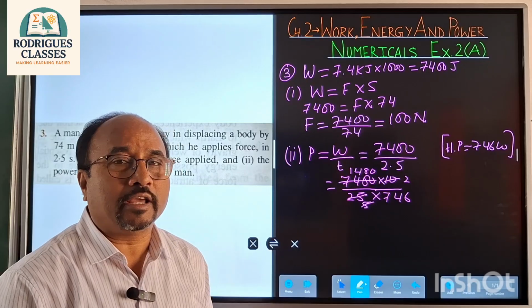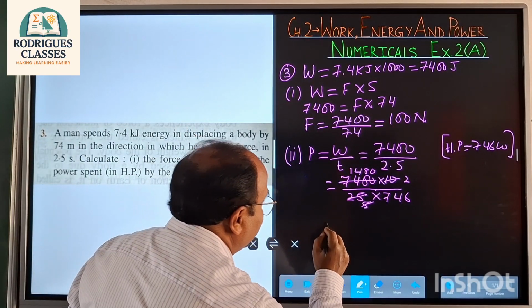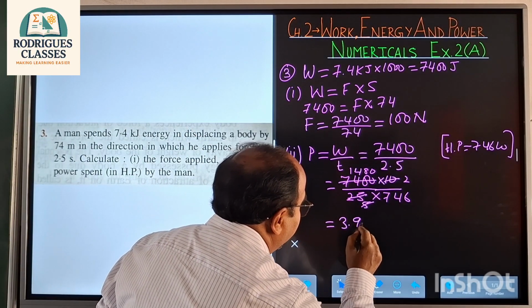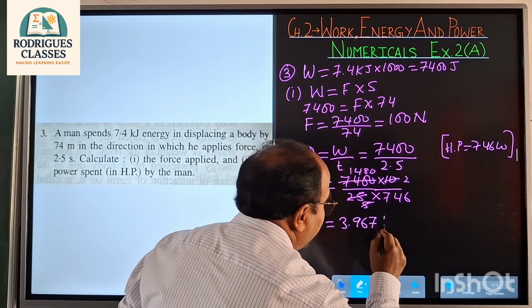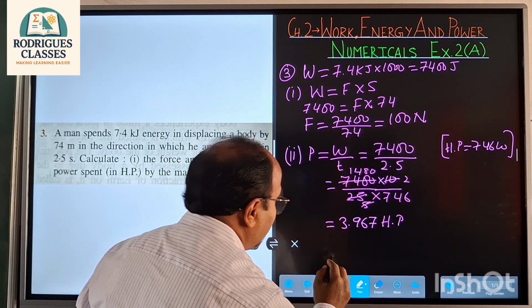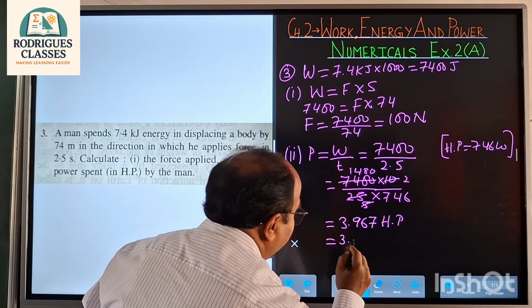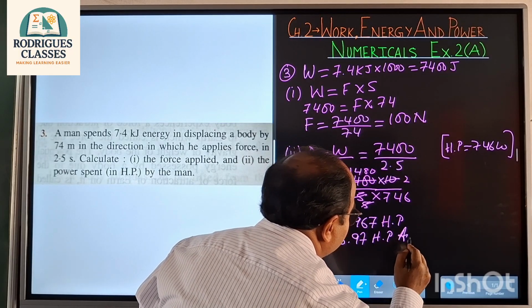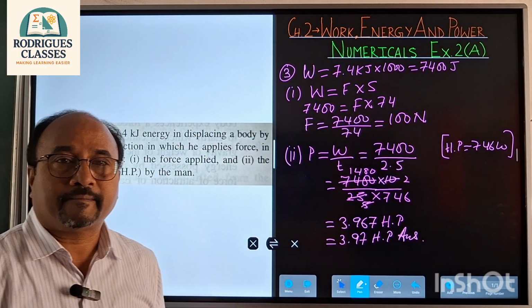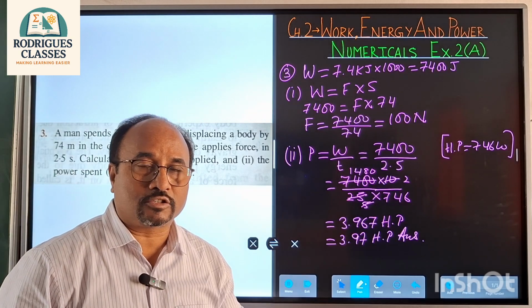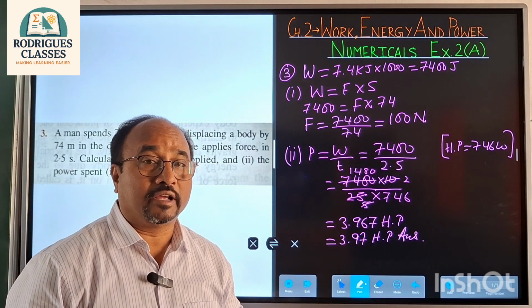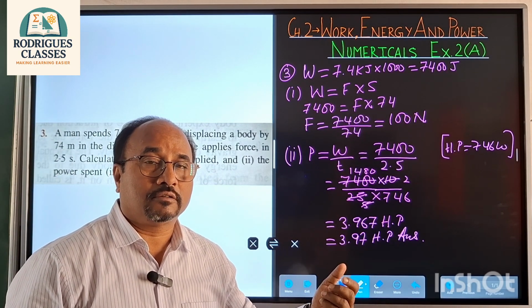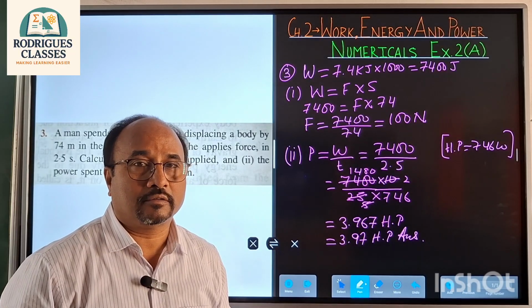So on reducing and solving, we will get the result here as 3.967 horsepower. If I round it off, I can write 3.97 horsepower, and this is my answer. Hope you have understood this sum, regarding how to convert watt into horsepower.